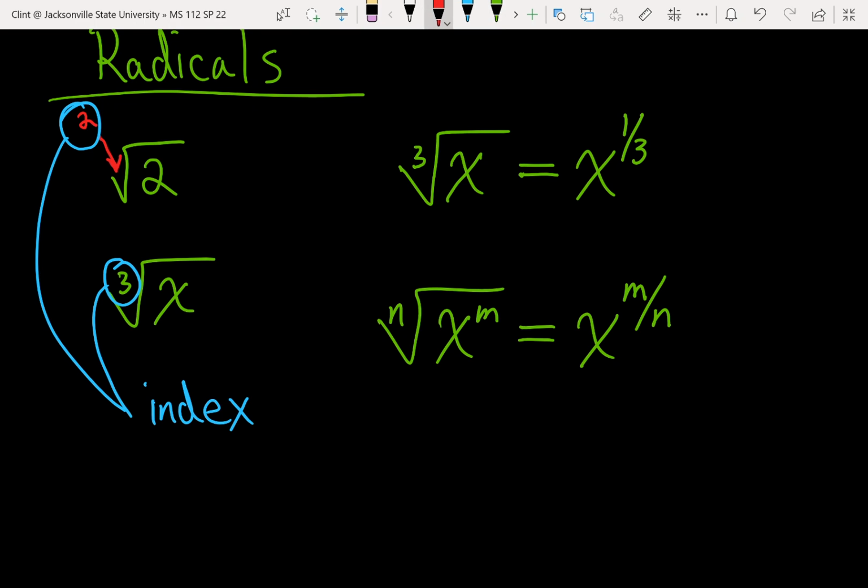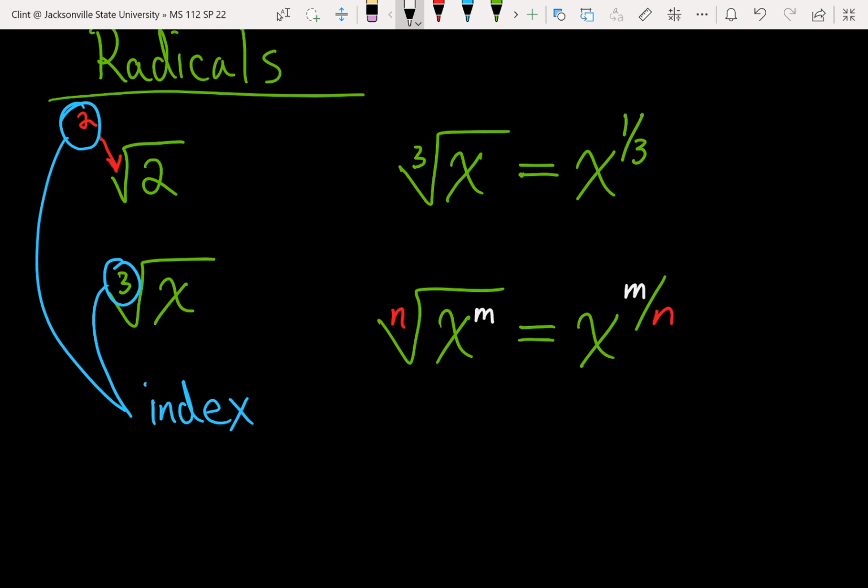Maybe I should do different colors there. The index goes in the denominator of our fraction. And then if we have an exponent on the thing underneath the radical, that goes in the numerator of our fraction.